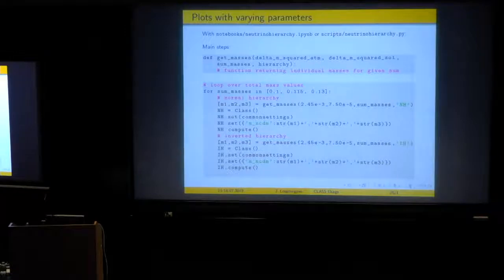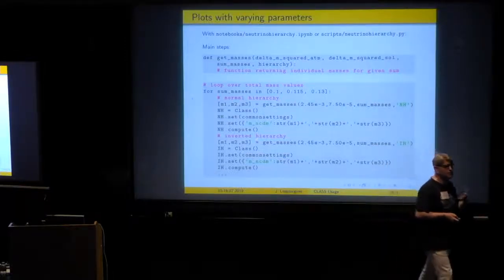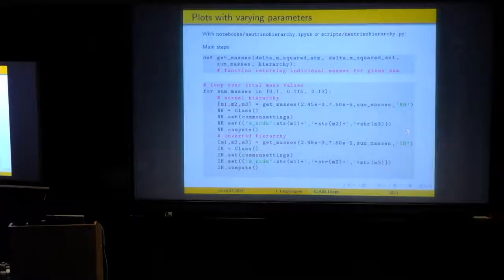I set the command parameters, and then this is the command that you will use to set the variable m_ncdm to a list of 3 values, because m_ncdm can be set to 1 value when you have only 1 non-cold dark matter species. But if you have 2 or 3 or 4 non-cold dark matter species, m_ncdm is supposed to be a list of 1, 2, 3 values.